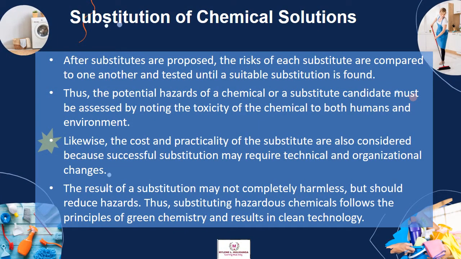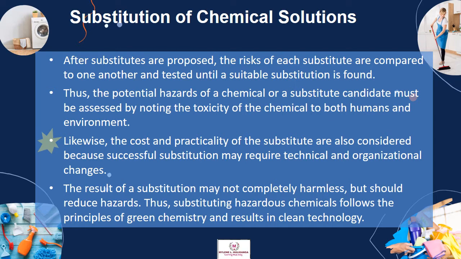After substitutes are proposed, the risks of each substitute are compared to one another and tested until a suitable substitution is found. Thus, the potential hazards of a chemical or a substitute candidate must be assessed by noting the toxicity of the chemical to both humans and the environment.